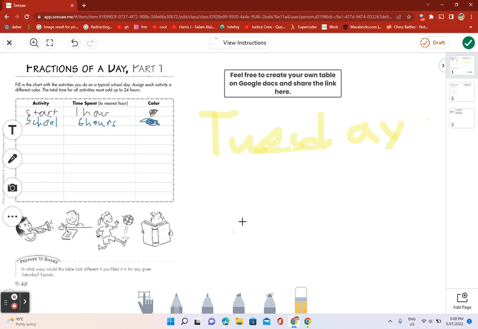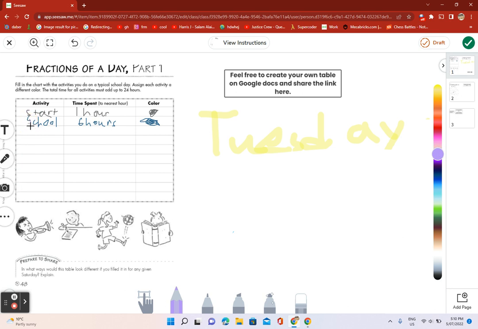Now for the next one, after school, coming back from school and eating lunch is definitely going to be around an hour. Let's pick this purpley color.